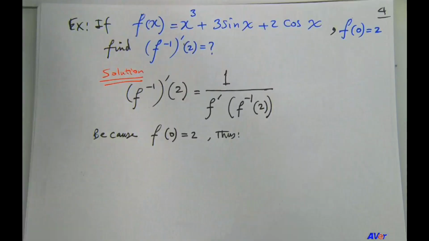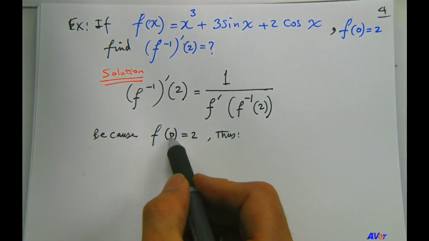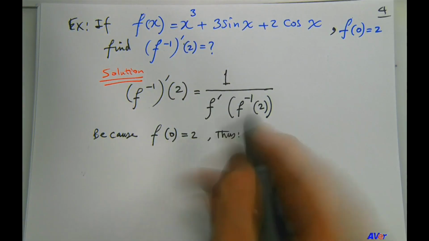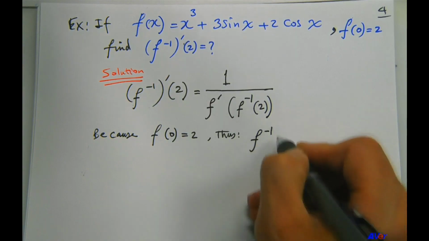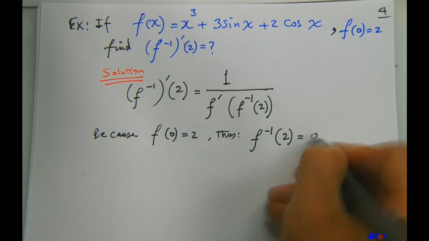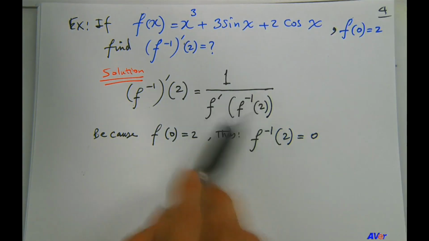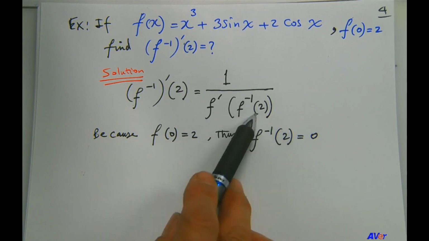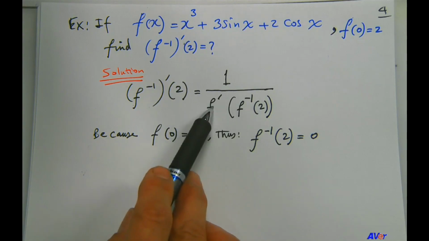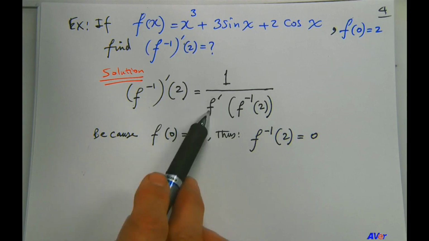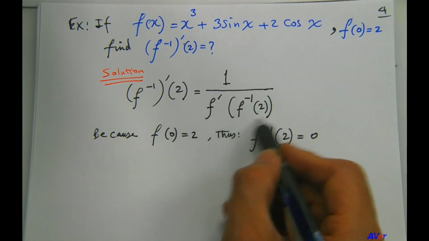So now, because the function value at 0 is equal to 2, we can say that f inverse at 2 equals 0. Do you see the connection now? The whole thing inside the parentheses is equal to 0. Now all we need to do is find the derivative of f and evaluate it at 0, because we know that piece is 0.